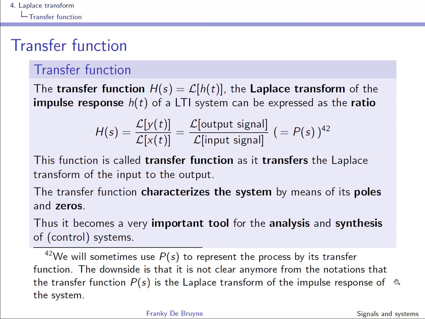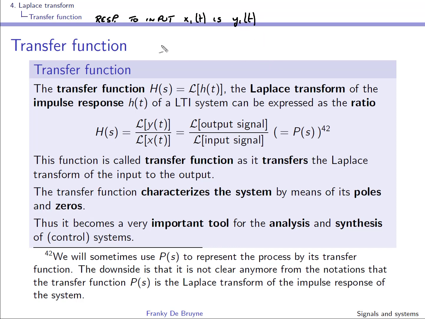So there's a question that I like to give you at the time of the exam, and it's the following. Suppose that we're given a system and we know that the response to the input x1 of t is y1 of t.